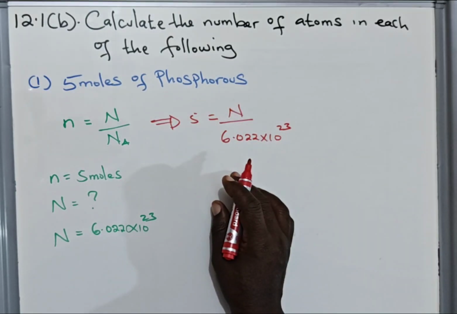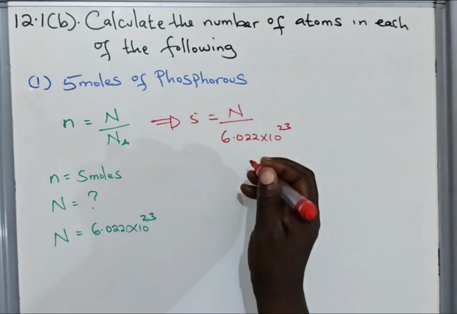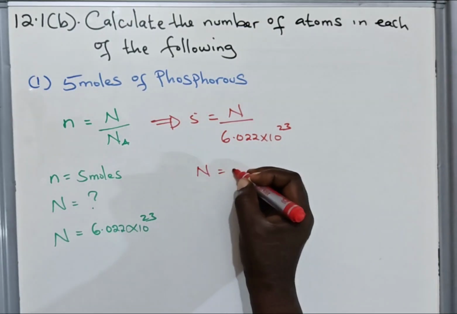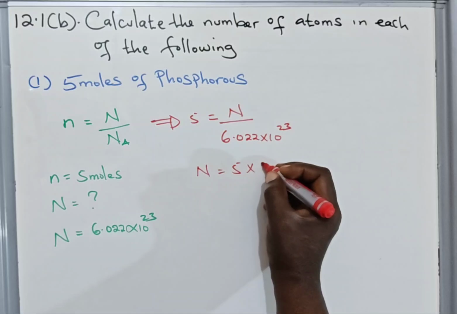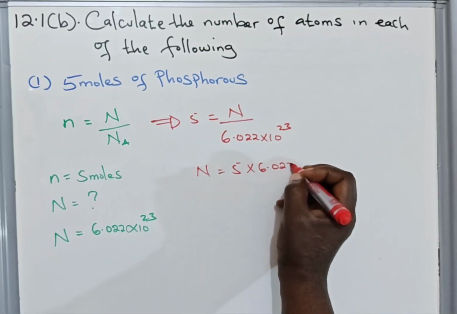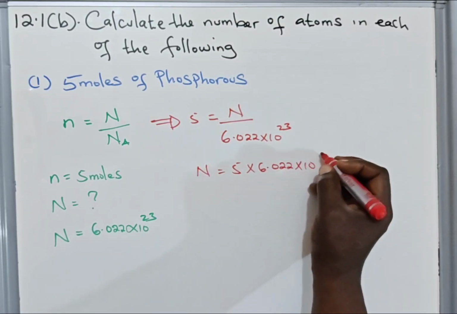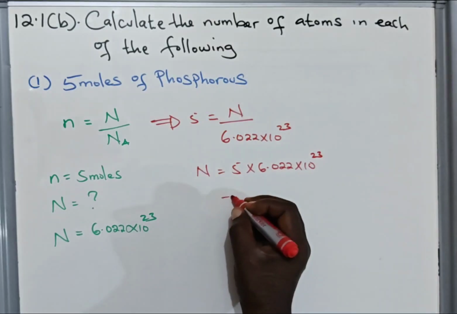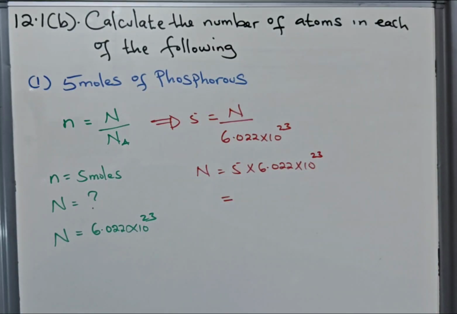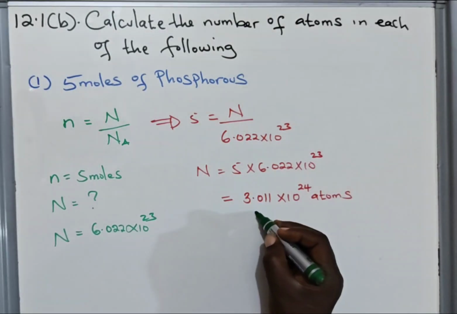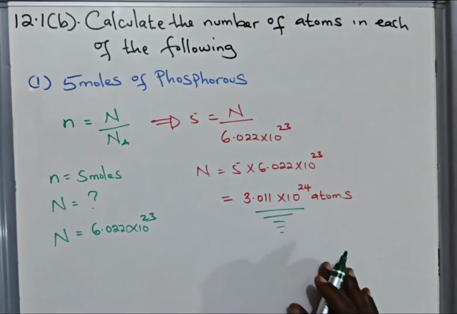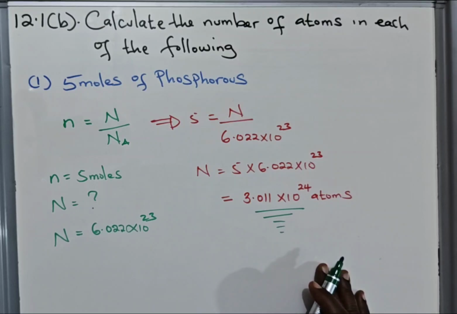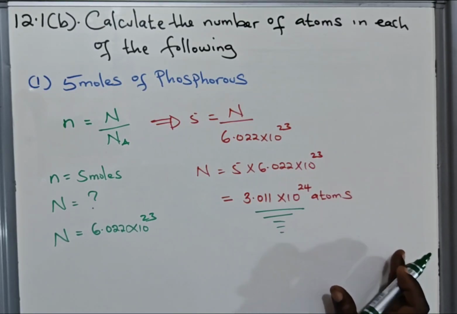We cross multiply, and you're going to have N equals 5 times 6.022 times 10 power 23, which is 3.011 times 10 power 24 atoms.